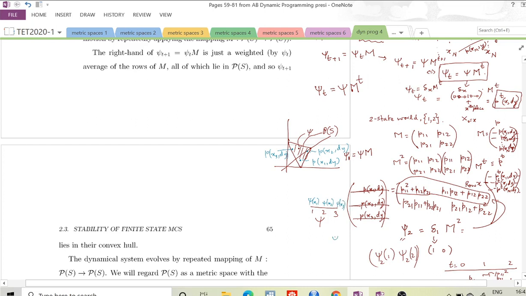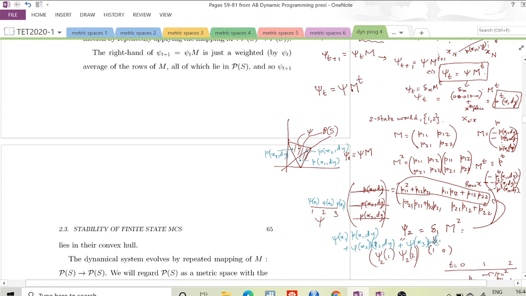But moreover, this matrix multiplication is just C(x1) times this row plus C(x2) times the second row plus C(x3) times the third row, right?